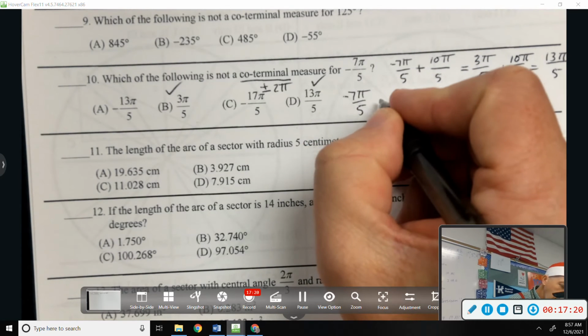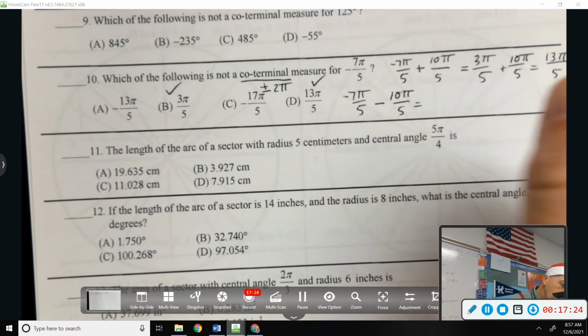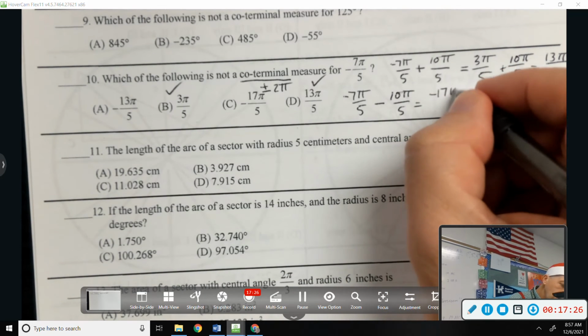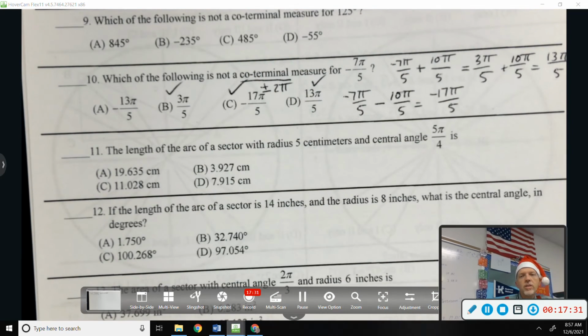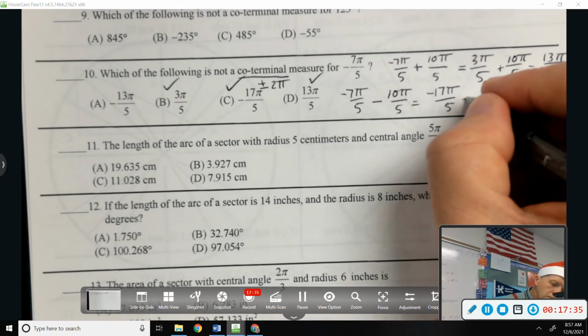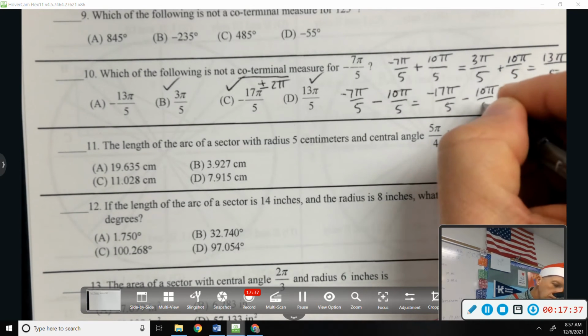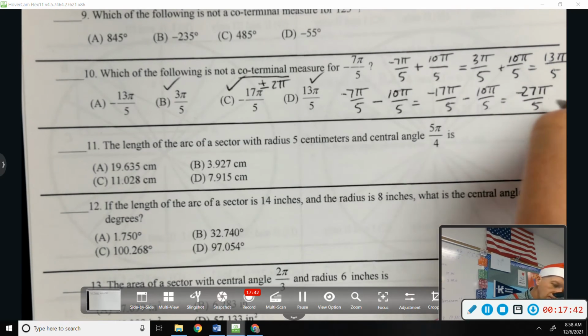Negative 7 pi over 5 minus 10 pi over 5. So that would be negative 17 pi over 5. That's an answer choice. So I'm pretty sure it's A. Maybe I subtract one more time. But that gets me to negative 27 pi over 5.